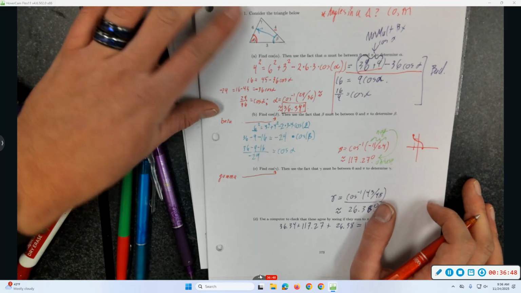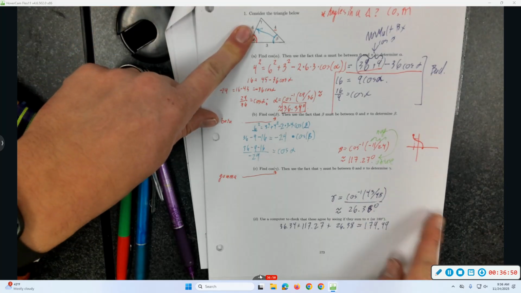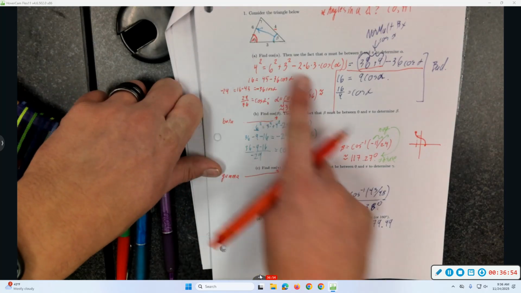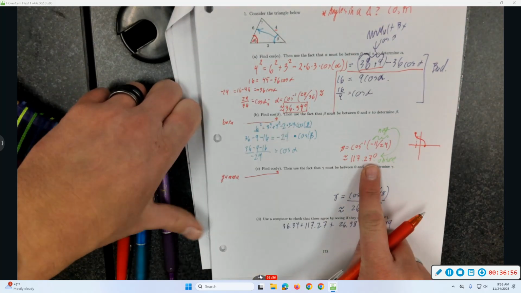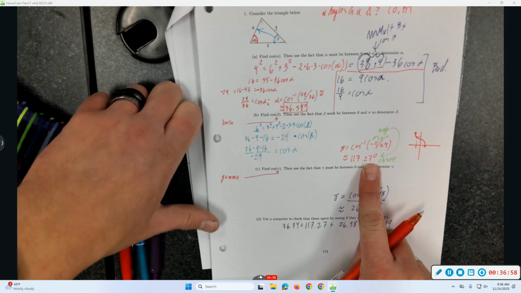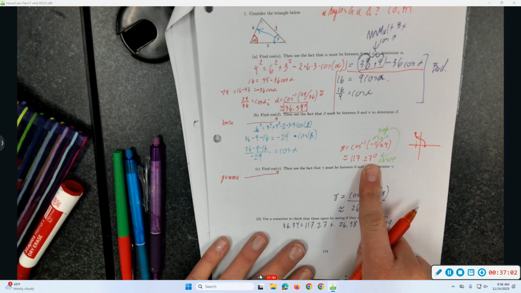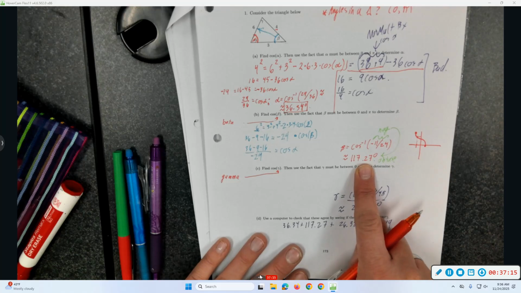Yeah, but something might have gone wrong when determining beta, because it turns out beta had to be obtuse. So law of sines would give us that weird situation where there are one or two options, and we know there's really only one option, which is what beta has to be. So when using law of sines in this situation, be careful: law of sines sometimes predicts two options, and it won't tell you which one's right.